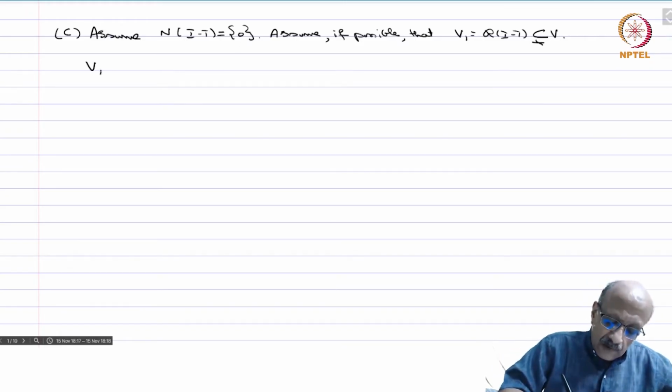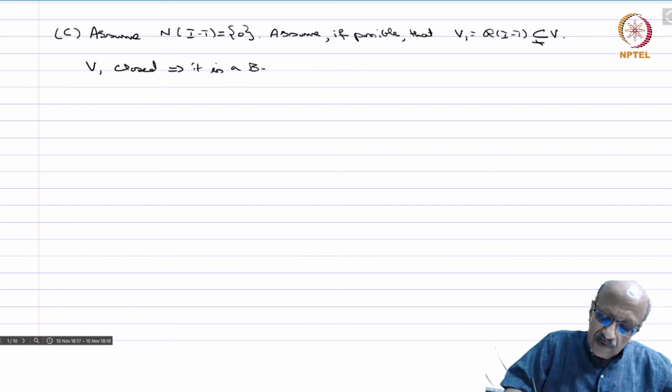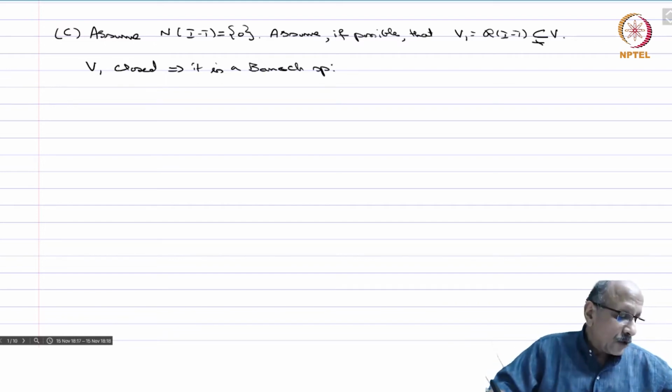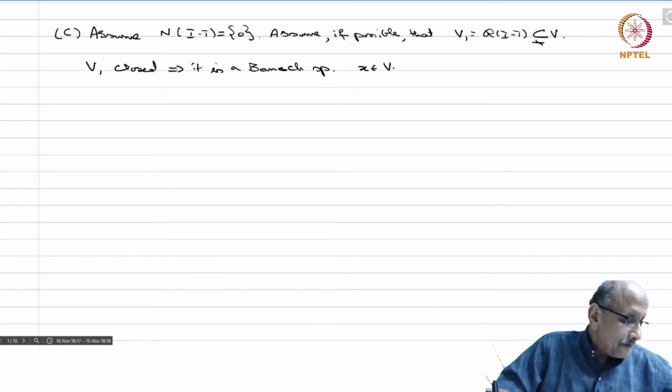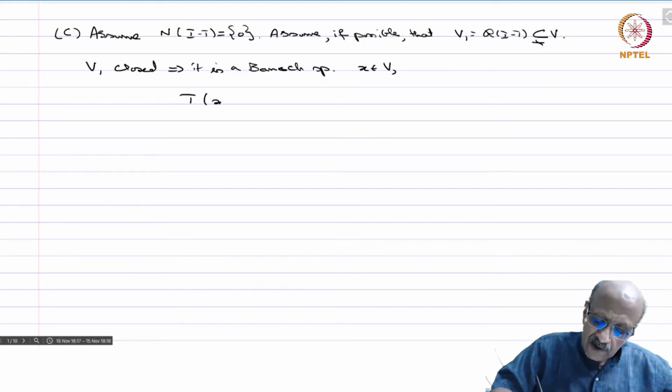So V1 is closed, which implies it is a Banach space in its own right. So if x belongs to V1, x belongs to V, then you have T of x minus Tx is equal to (I minus T) of Tx.